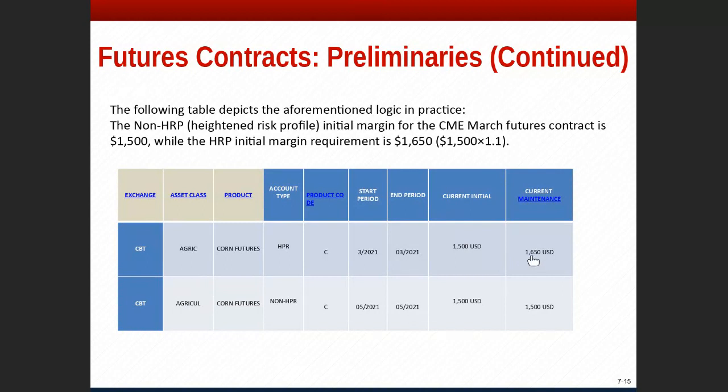However, if your risk level is determined to be above average, then they'll have you pay 1,650. The difference between these two is 150. At any rate, they'll have you pay this much instead of 1,500. So that's the distinction between the two types of investors.